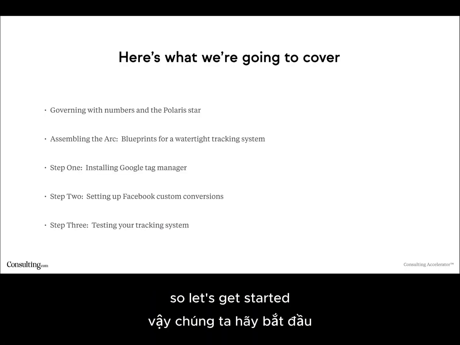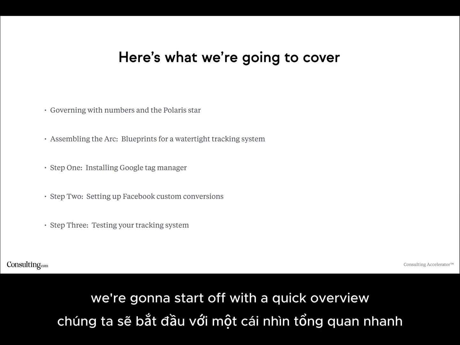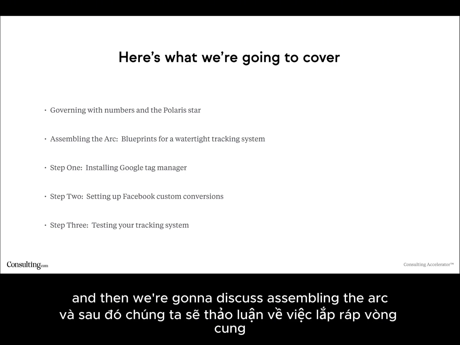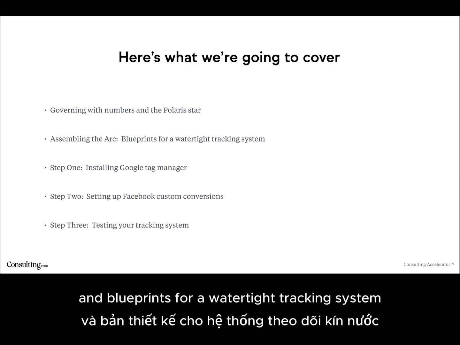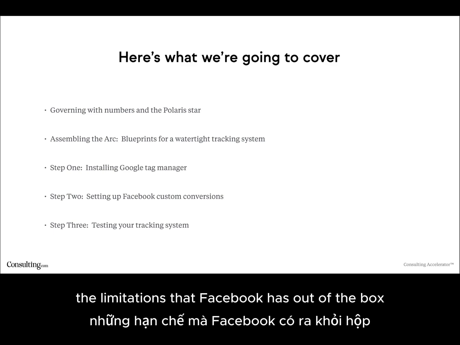So let's get started. Here's what we're going to cover in today's training. We're going to start off with a quick overview of how we govern with numbers and the Polaris Star. And then we're going to discuss assembling the ARC and blueprints for a watertight tracking system. I'm going to discuss the limitations that Facebook has out of the box.